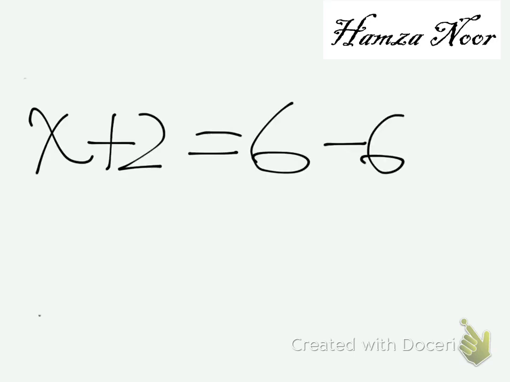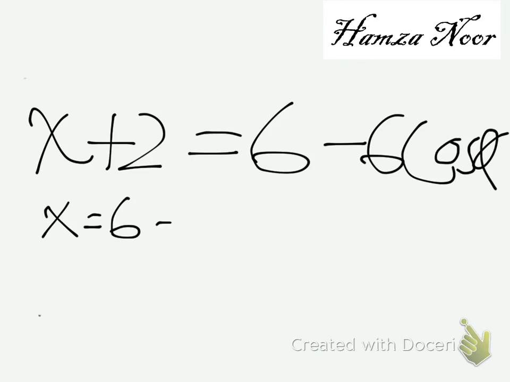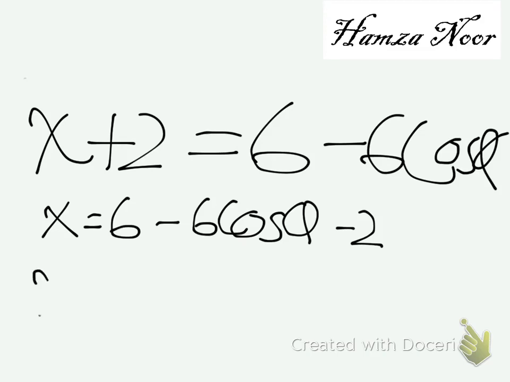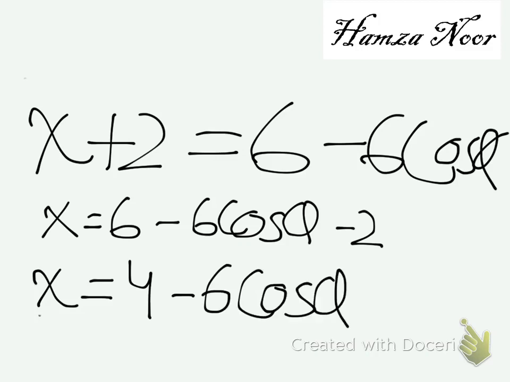So this gives you x is equal to 6 minus 6 cos theta minus 2, and your final answer, the expression of x in terms of cos theta, is x is equal to 4 minus 6 cos theta.